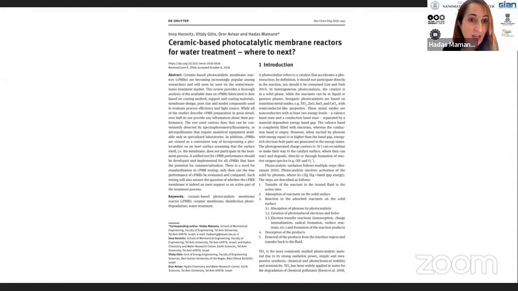Most of them used methylene blue, rhodamine, and stuff like that. So these compounds, and less used micropollutants. And even those that use micropollutants, there is not a unified pollutant that is used across various papers. It's very difficult to compare.